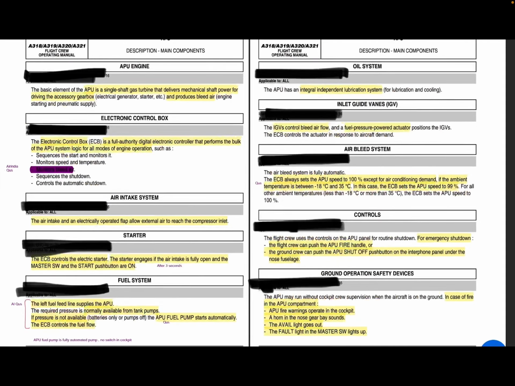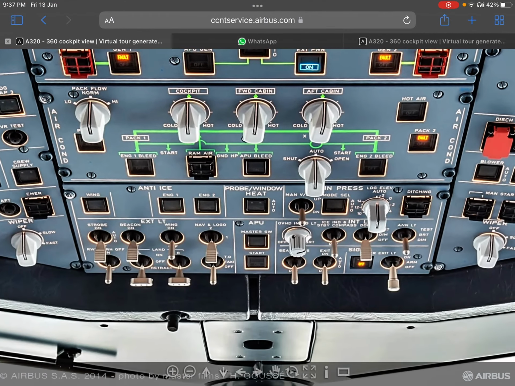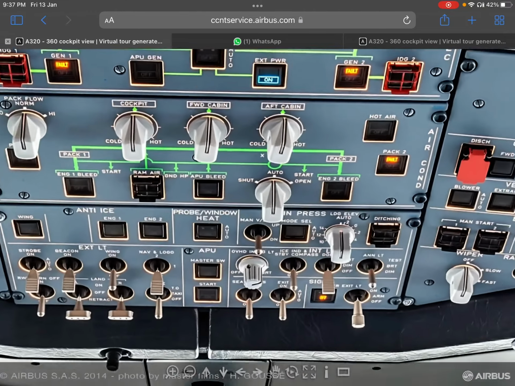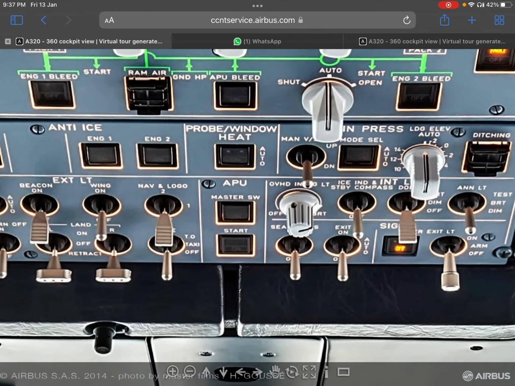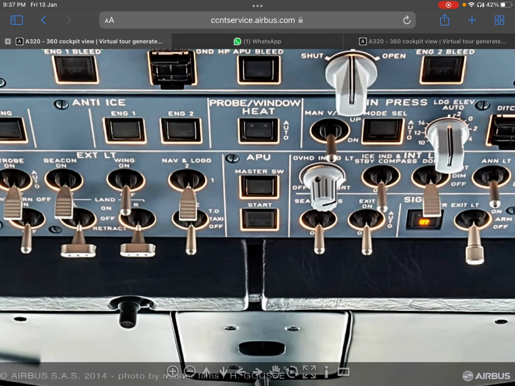So where are these buttons? Here these are. This is your A320 cockpit. You'll look here, this is APU in the center. We have APU master switch and we have APU start switch. These are the switches they are talking about.